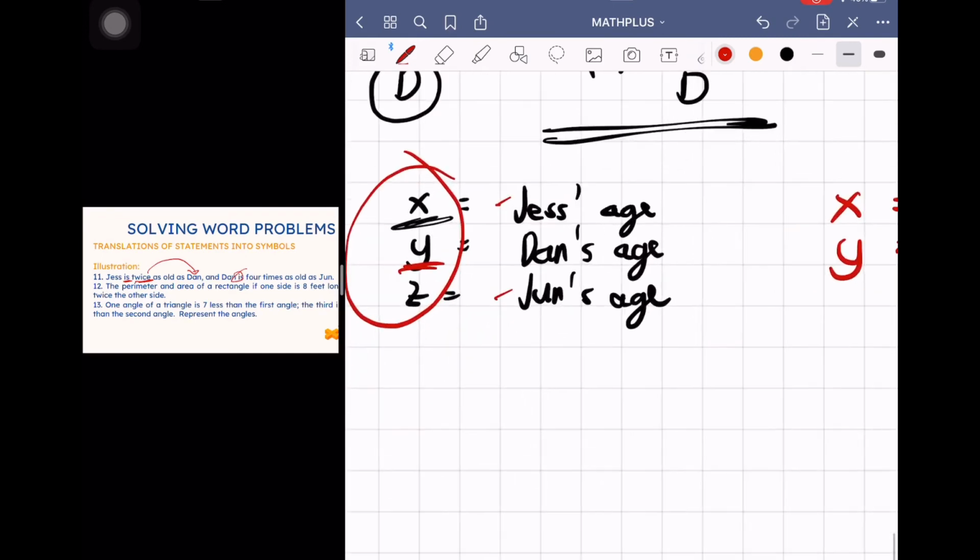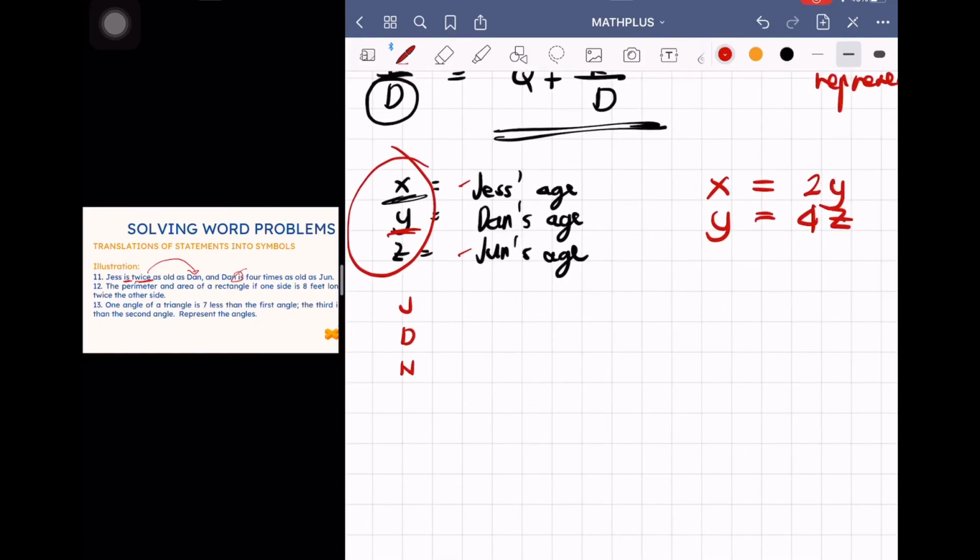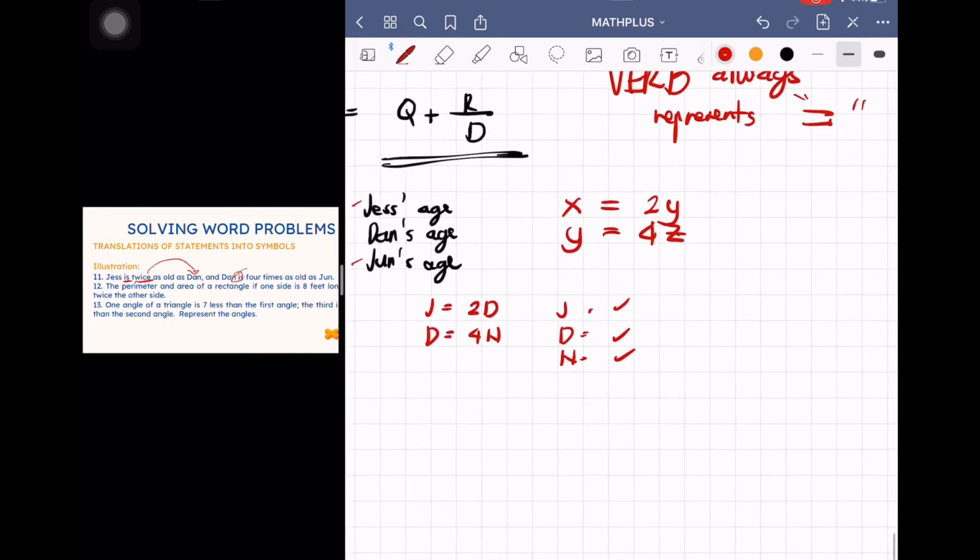Kasi ako, for example, I can represent J as Jess, Dan as D, and June as N. And it's easier because when you solve, Jess is twice as old as Dan. Diba kita mo na agad Jess is equal to twice ni Dan. And Dan is equivalent to 4 times ni June. And when you solve, you're solving for J, you're solving for D, you're solving for N. Diba? Yun yung makukuha mo dito kapag nag-solve ka. Pero with XYZ, you'll be able to solve for X, Y, and Z.